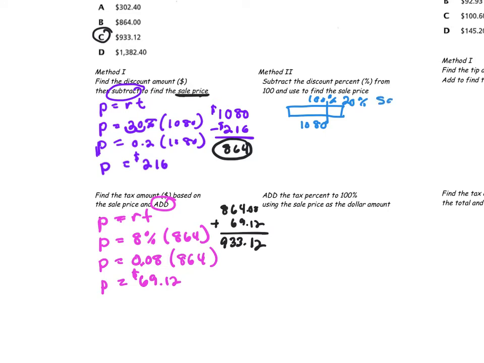And this would be my save percent, and my pay percent would be 80. So I'm subtracting the discount percent from 100. Again, here's how I got that 80%. I took 100% minus the discount percent, and it left 80%.